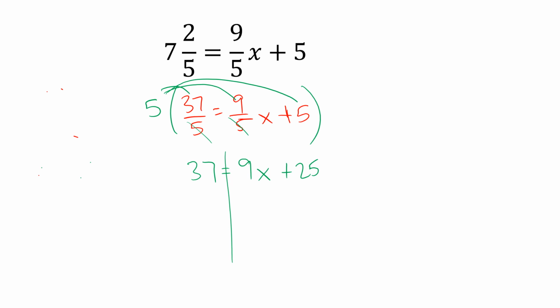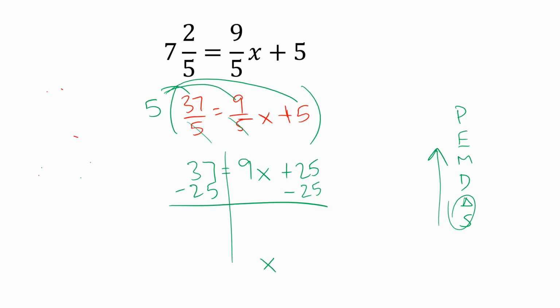You have to get x by itself. So that means I have to subtract 25. You're always messing with the stuff that's on the side of the variable. I'm trying to peel off those layers. Just like I was mentioning before, in reverse PEMDAS, we're going backwards.